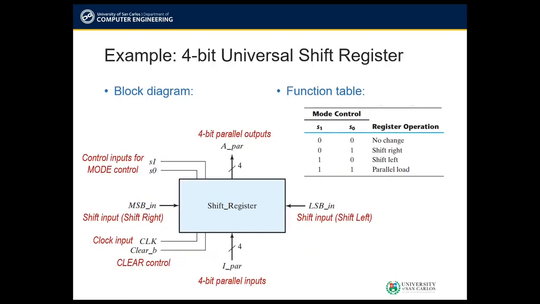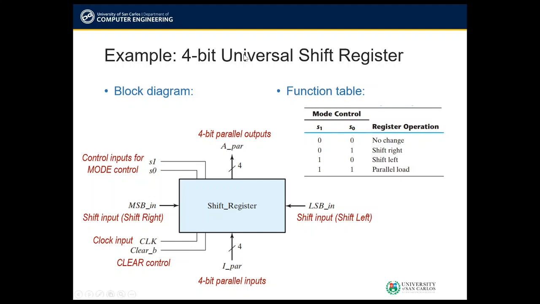So this is an example of a 4-bit universal shift register. This is the block diagram, and this is its corresponding function table. The function table would enumerate the register operations associated with this type of universal shift register.